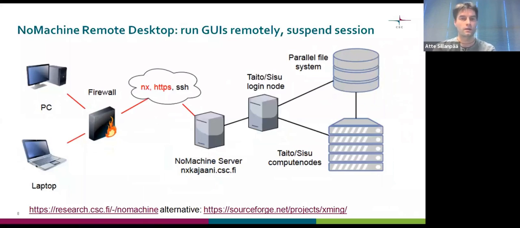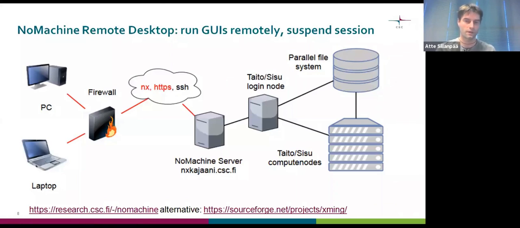If you want to run some simulations or applications that require graphical access on Sisu or in the CSC environment, then if you run a Linux or a Mac system, you could add an SSH minus capital X, and you would tunnel the graphical access through the SSH connection. This kind of works, but it's very slow.